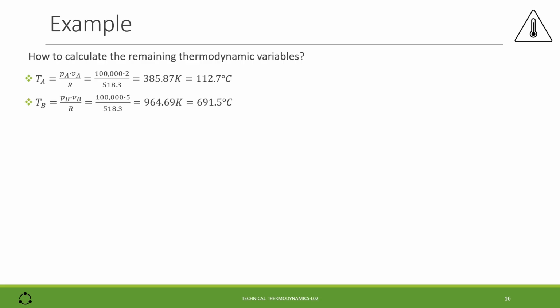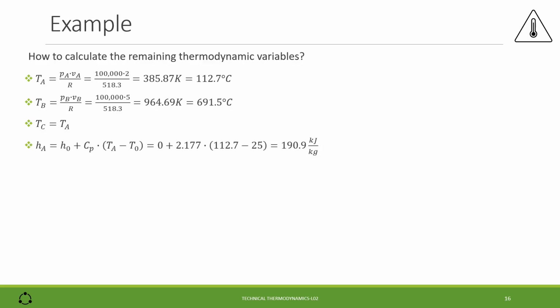The temperature at the state B, using the same formula, turns into 691.5 degrees, and then the temperature C is equal to temperature at state A because of isothermal transformation.